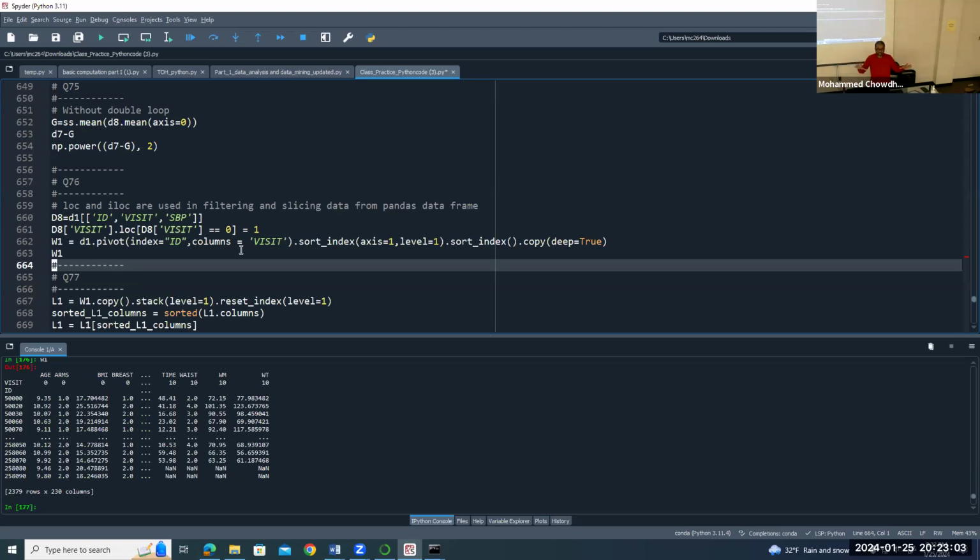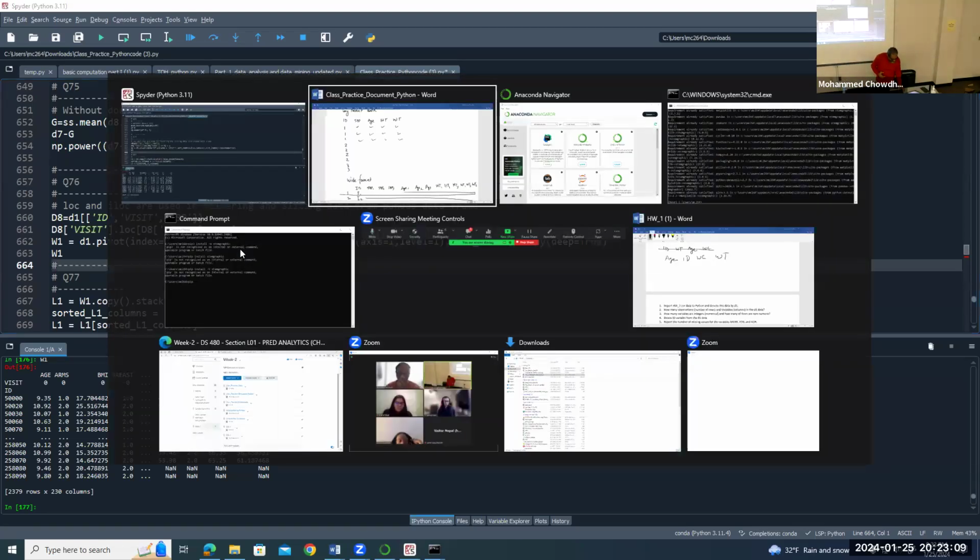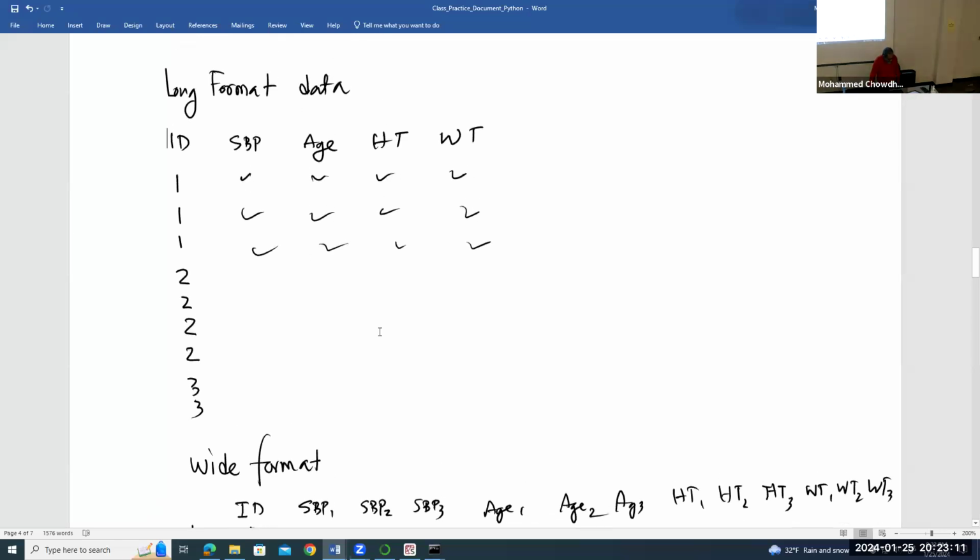So if you have a long format data, and if you have any confusion, let me explain again. This is a long format data: ID, same ID, ID 1, 1, 1, right? So this is the SBP. Age is different, SBP is different.